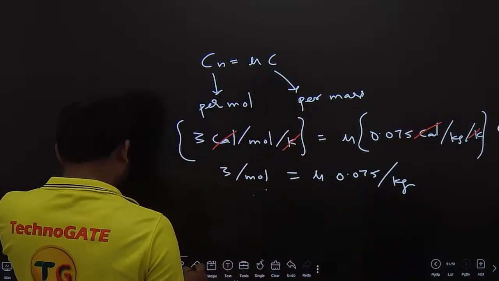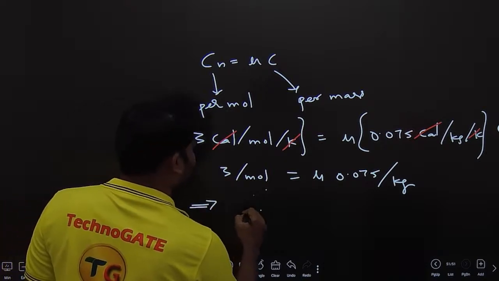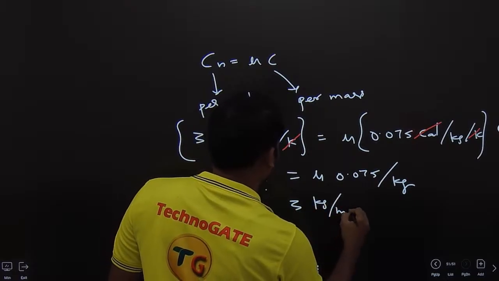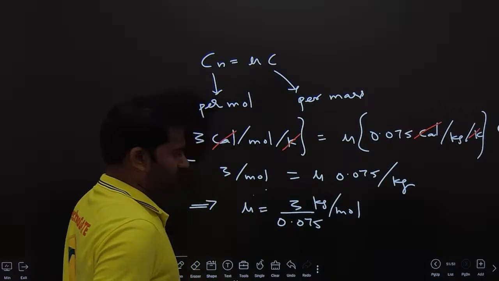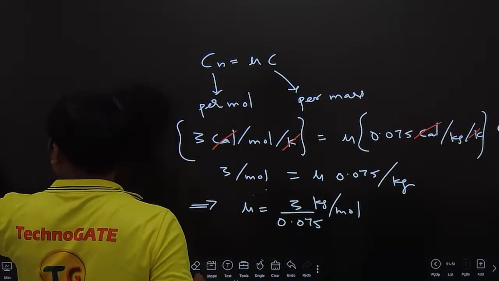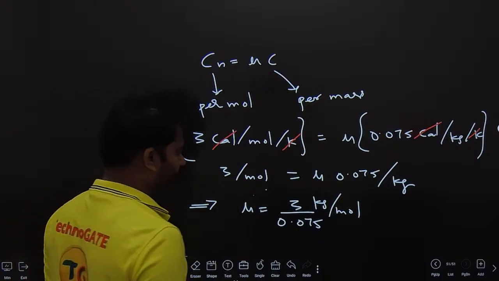So the molecular weight is basically mu value is equal to 3 kg per mole by 0.075, and this is basically in kilograms, and the answer is in grams, so we need to change it also.